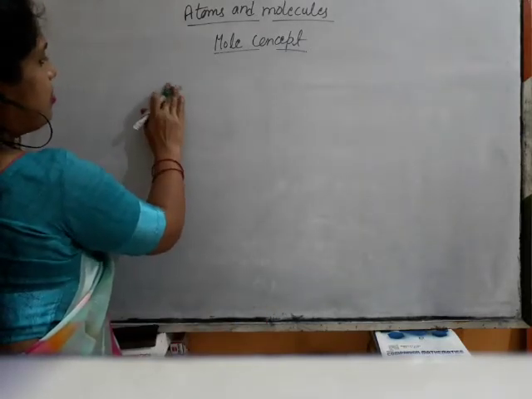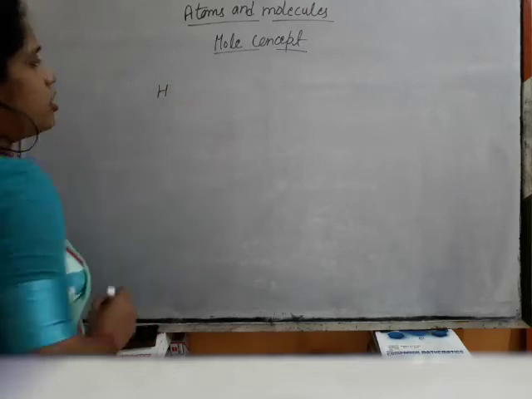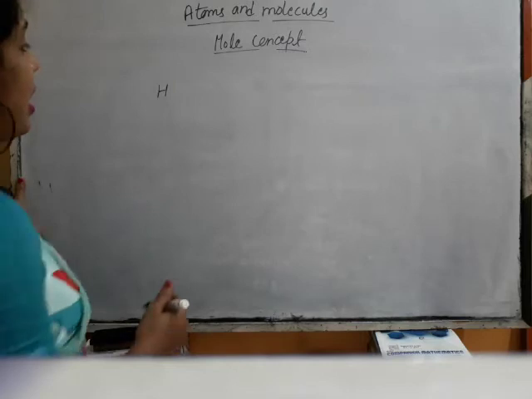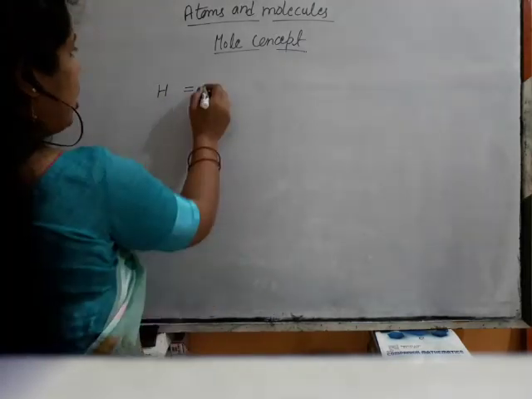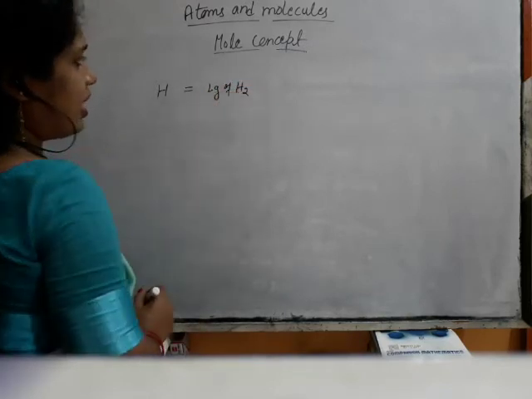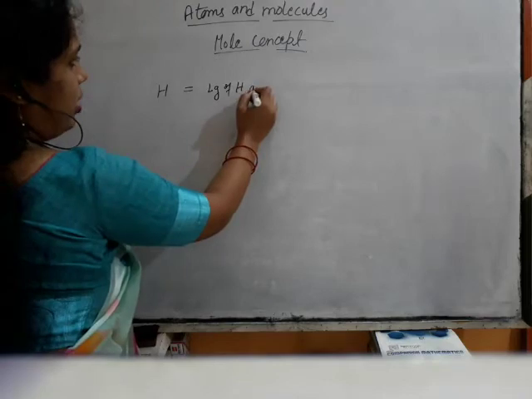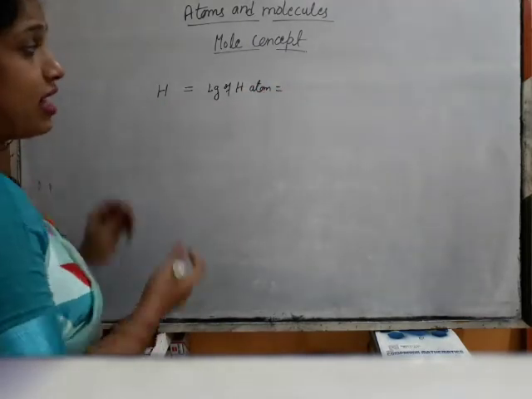That means if I am saying hydrogen, what is the gram atomic mass of hydrogen? 1 gram of hydrogen atom. This is hydrogen atom, which I have written in the atomic form.